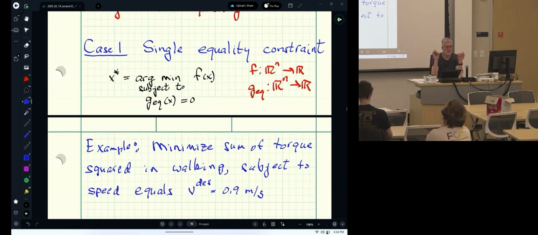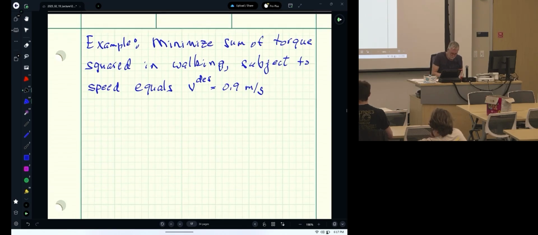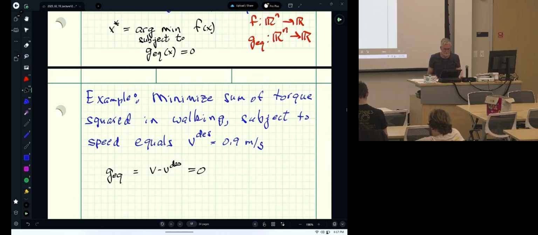Okay, so that's a much more meaningful optimization problem. We're not just minimizing the energy we use, but we're accomplishing a goal. And so G equality here would be that speed minus V desired is equal to 0. So that's how we impose the speed is V desired. So that would be an example of that. We could fix the step length.